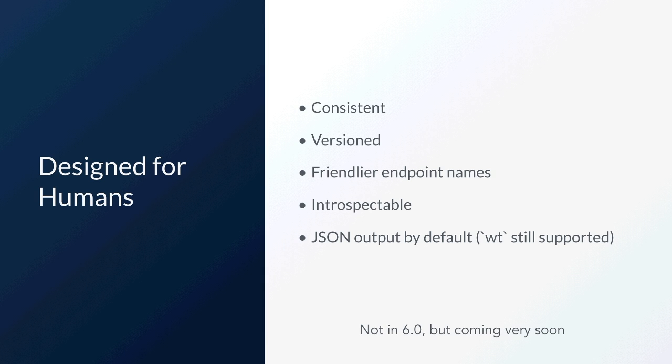And since often APIs are consumed by machines, we thought JSON output by default would be a better solution. WT is still supported on these, so if you wanted a different output format, that's totally fine.